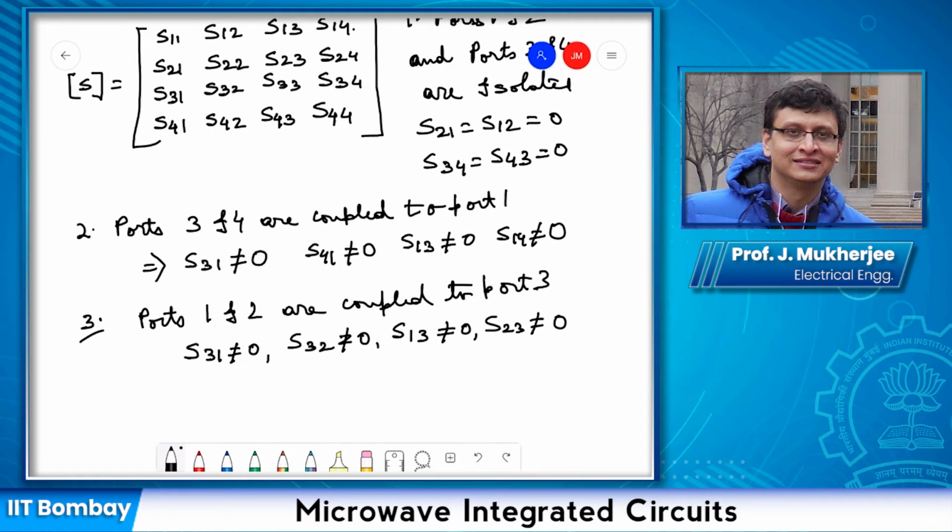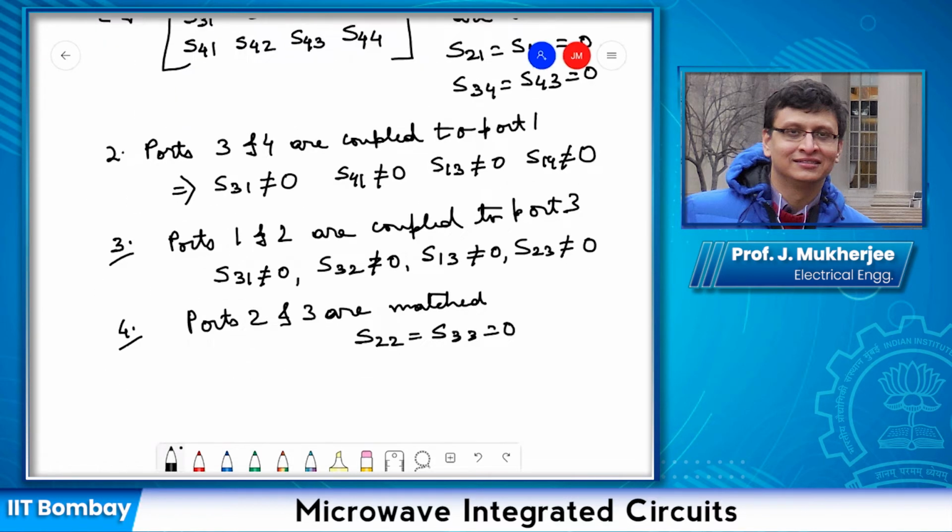The next property is that ports 2 and 3 are matched. Then this implies S22 equal to S33 equal to 0.